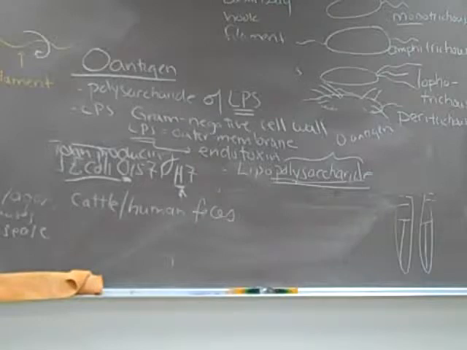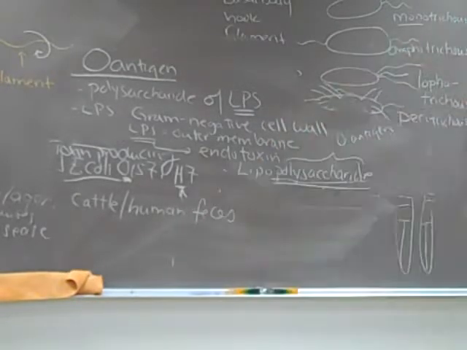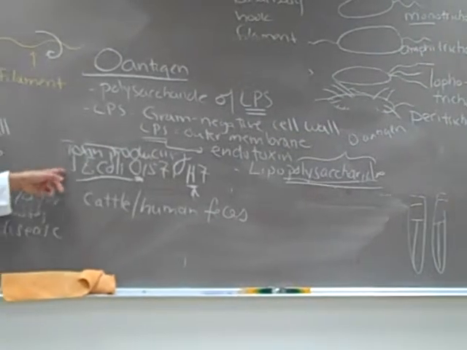And so when people start presenting in emergency rooms with bloody diarrhea and kidney failure, which is a common sequela for these infections, it's really important for the public health microbiologists to figure out where are they getting sick. What is the source? Is it contaminated water? Is it contaminated food? And so they'll go back and start screening food for the presence of this specific type of E. coli.